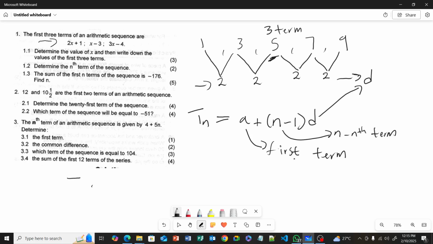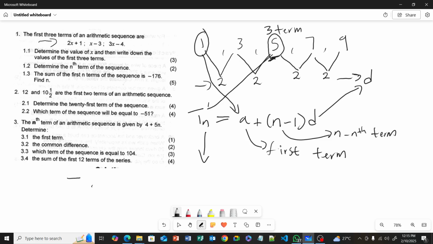So in the number sequence, the first number symbolizes the value of A. Okay? Now Tn is the value, in this case the number 5, the nth term. So this will be that.